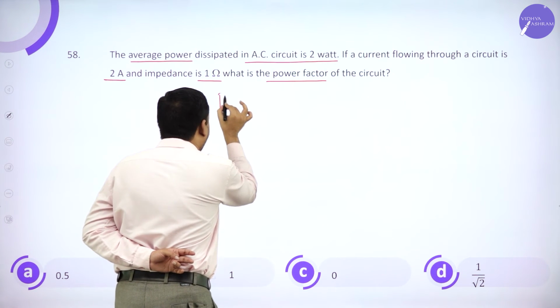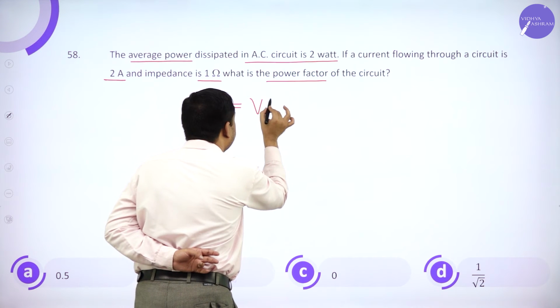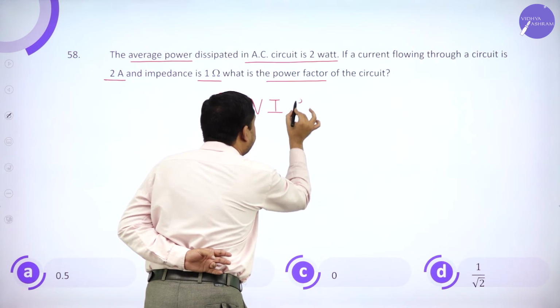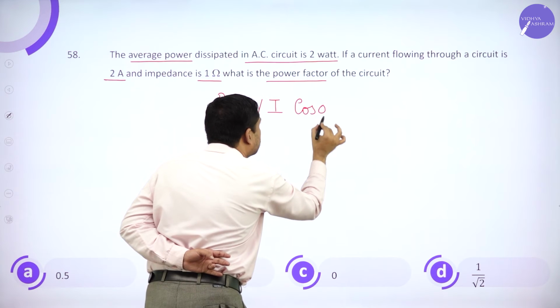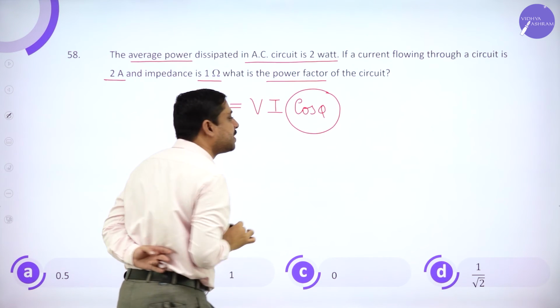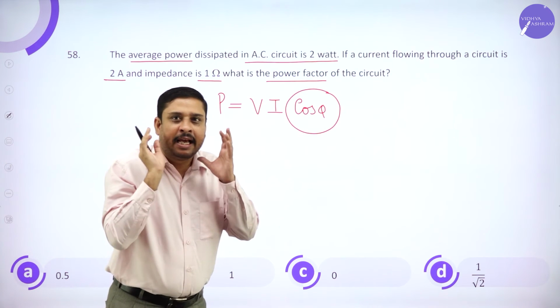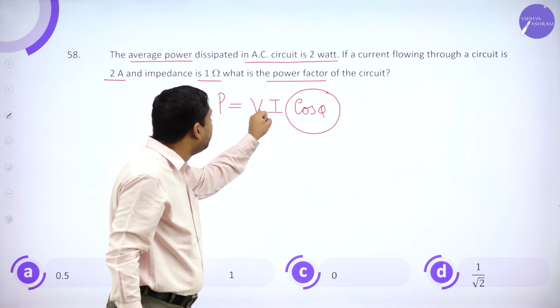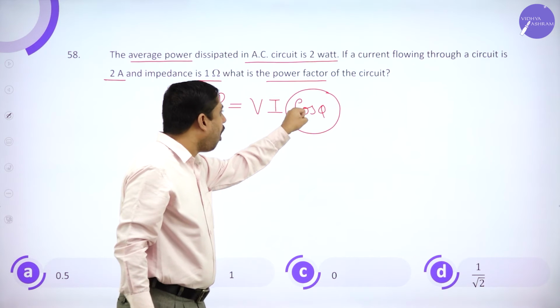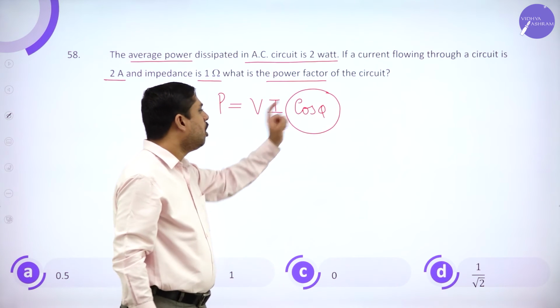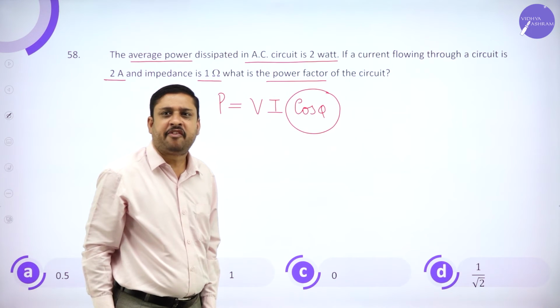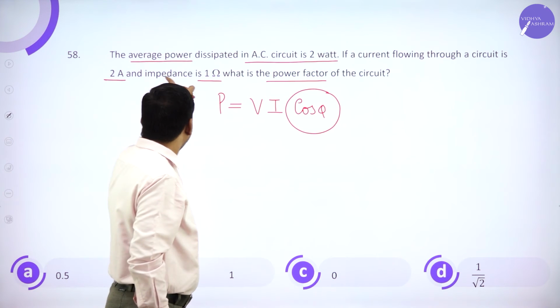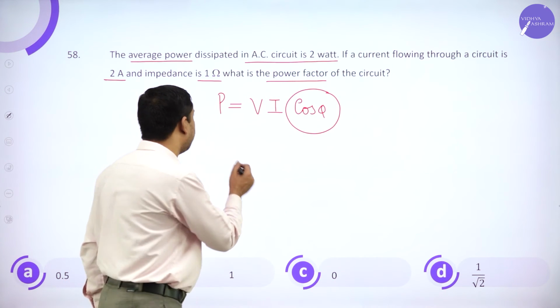So we know average power is VI cos phi. By expression, power dissipated is VI into cos phi. Cos phi is the power factor. But impedance has to be put here.